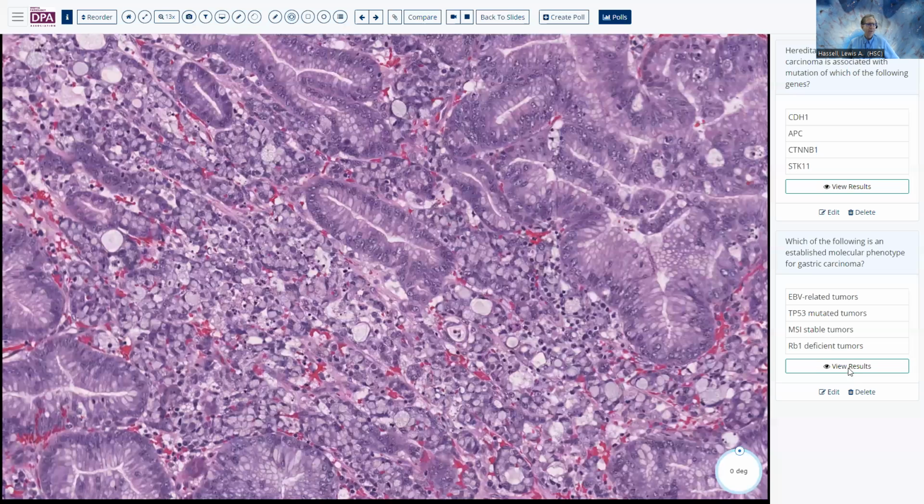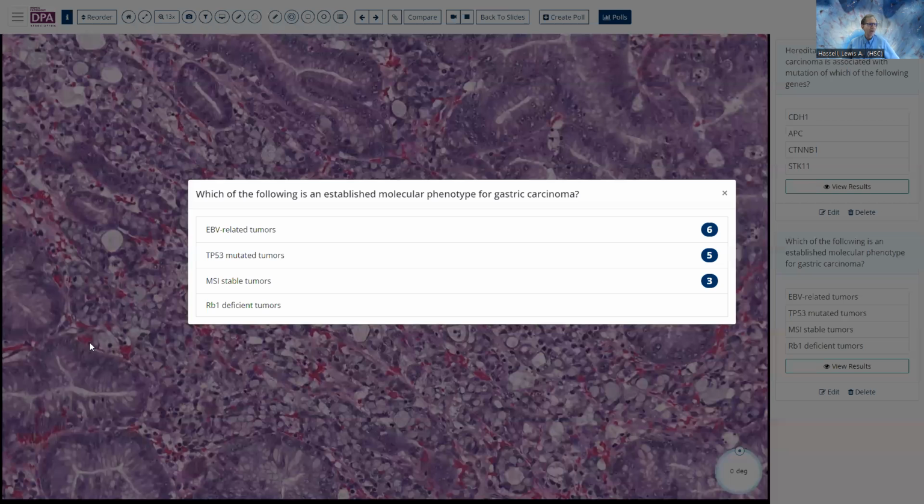In terms of other immunophenotypes or other molecular phenotypes, there are several other things to be aware of. So first of all, some gastric cancers are related to Epstein-Barr virus, and so this is the correct answer. While TP53 is occasionally present in gastric cancers, it's not a specific molecular phenotype.